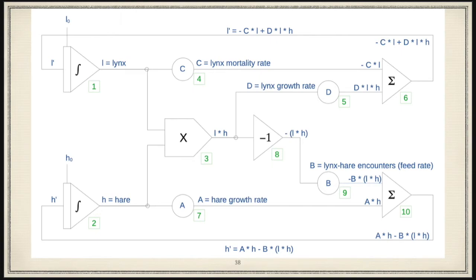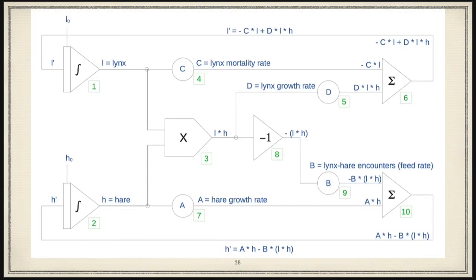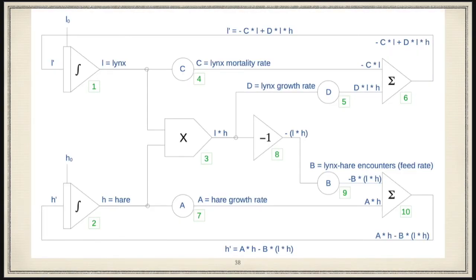The number of hares is proportional to the number of lynxes. Look back to the equations here, and then you see it here. You can factor out here the H and here the L. So the flow diagram gives us a deeper insight.